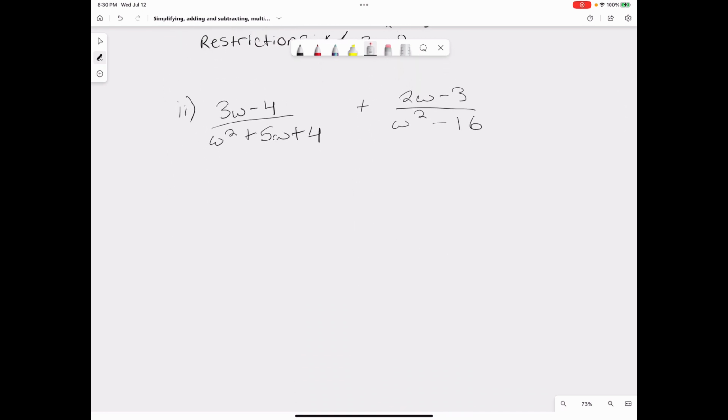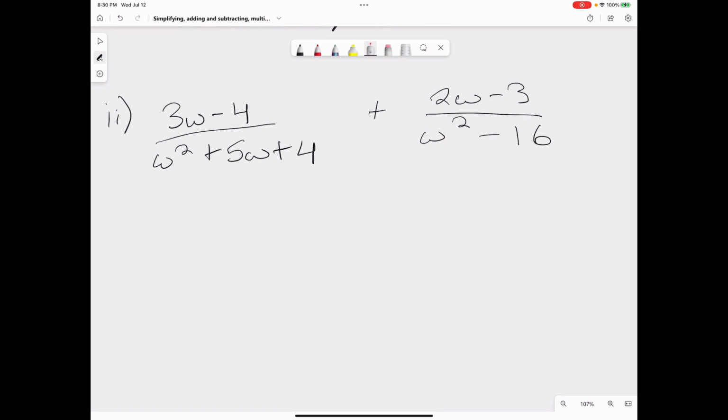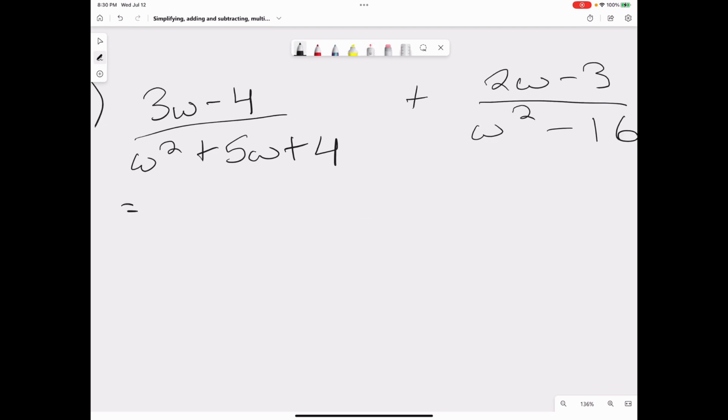Now our final example: 3w minus 4 over w squared plus 5w plus 4, plus 2w minus 3 over w squared minus 16. Right, so first we're going to factor all of our terms. For this expression, what multiplies to 4 and adds to positive 5?